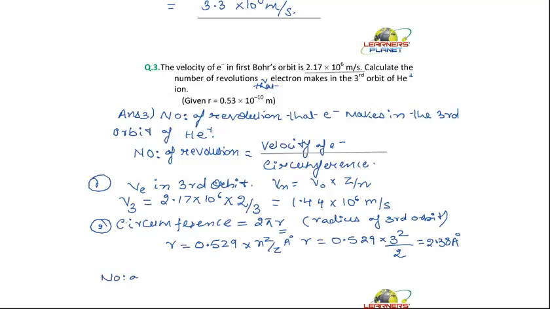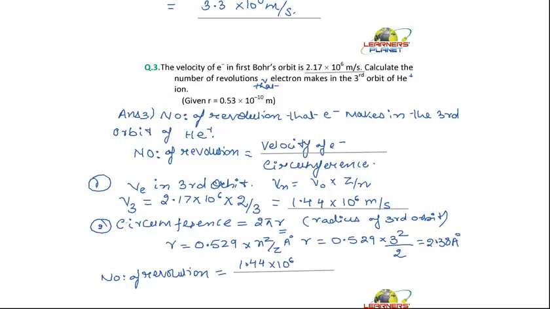What is asked? The number of revolutions that electron makes in the third orbit will be equal to, what is the velocity? The velocity over here is 1.44 into 10 to the power 6 meter per second.